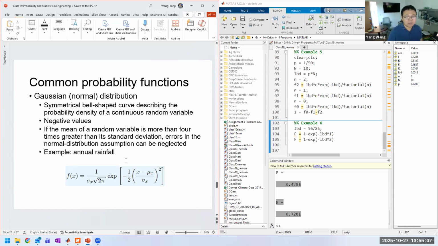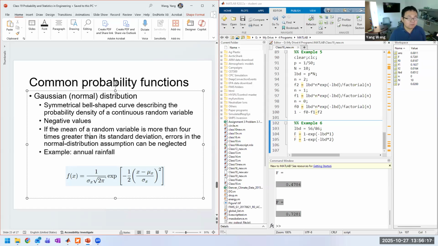For Miami, the annual rainfall can be relatively high, let's say 1 meter per year on average. If we try to fit that with a Gaussian distribution, then even if you plug in a negative rainfall, you will still have a certain probability. That's the issue, negative values.